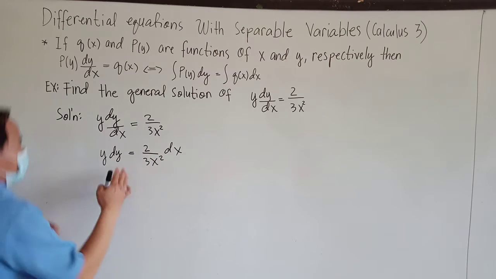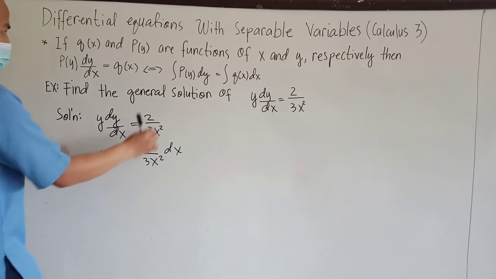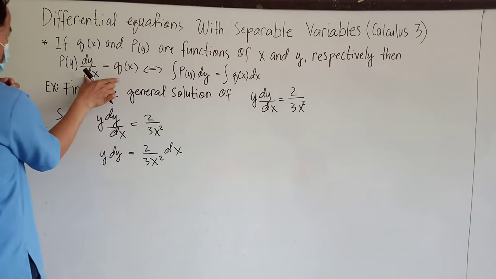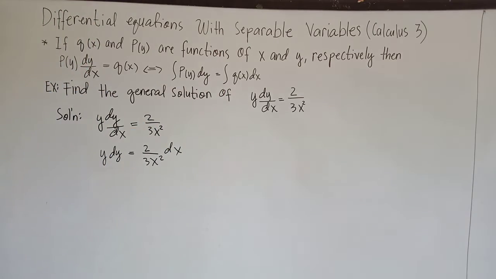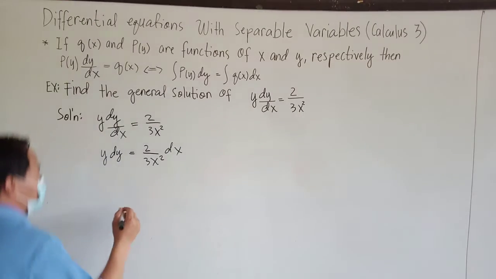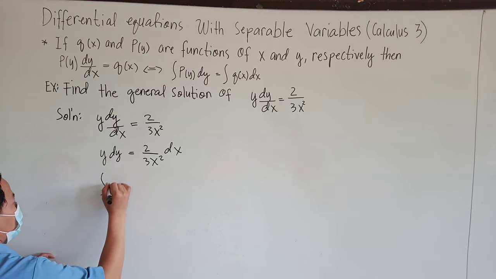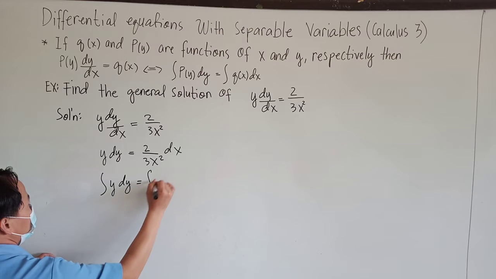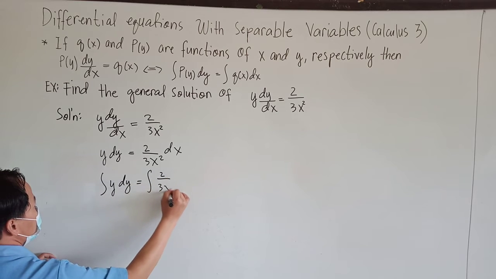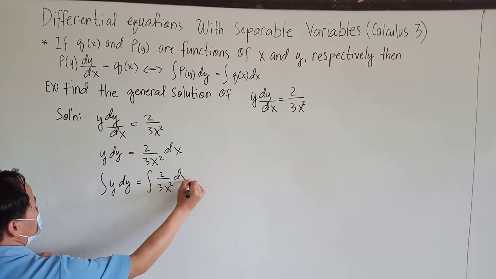Because the variables are separated, we can now integrate both sides of this given function. So we have the integral of y dy is equal to the integral of 2 over 3x squared dx.